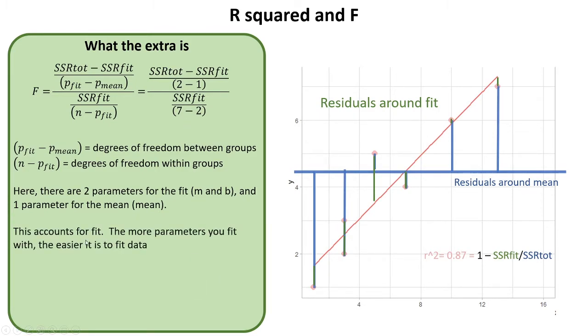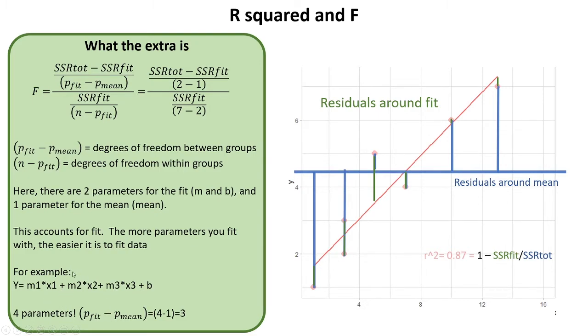So this accounts for fit, right? The more parameters that you fit with, the easier it is to fit data. So if we had a multiple regression, where we were fitting one dependent variable with many independent variables, you would have more parameters in your equation and more degrees of freedom. And essentially, this is accounting for the fact that every time that you add an independent variable into your analysis, you're always going to get a better fit to your data than if you had just one independent variable.